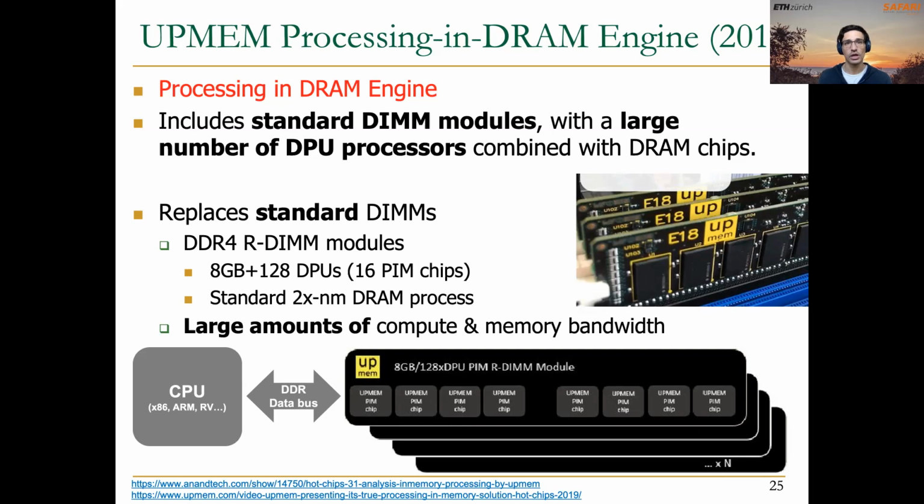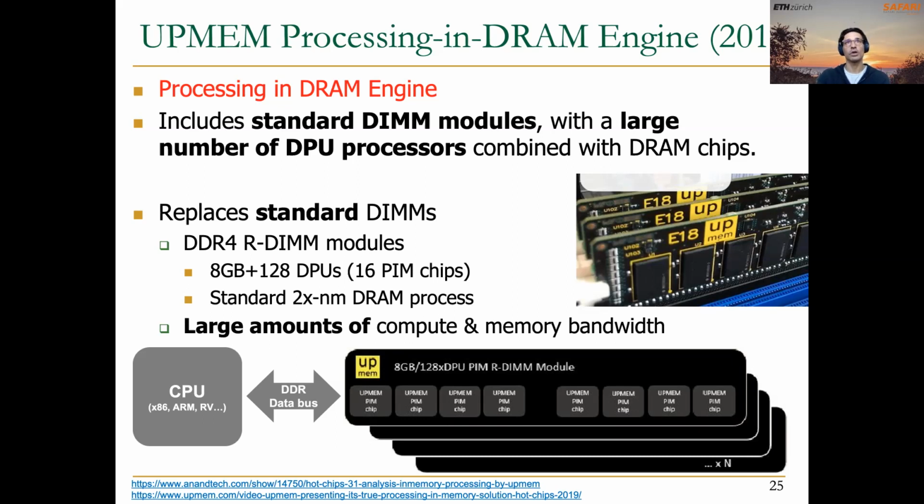And this is what UPMEM, a French startup, did since 2019, where they are commercializing these UPMEM DIMMs, PIM-enabled DIMMs that contain PIM chips. And inside each of these PIM chips, we have DRAM memory arrays and small processors called DRAM processing units, or DPUs. These are general purpose processors that can be used for many different applications.